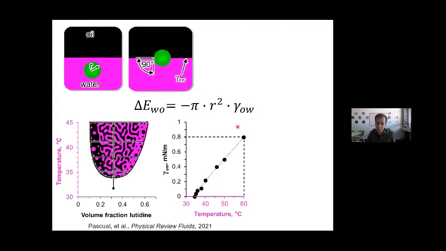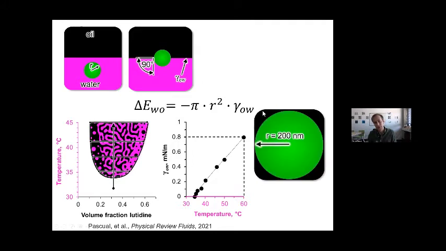What does that mean for the colloids that attach? Well, say you have a colloid of 200 nanometer radius at, I think, 60 degrees here. It will have an attachment of 24,000 times its thermal energy.